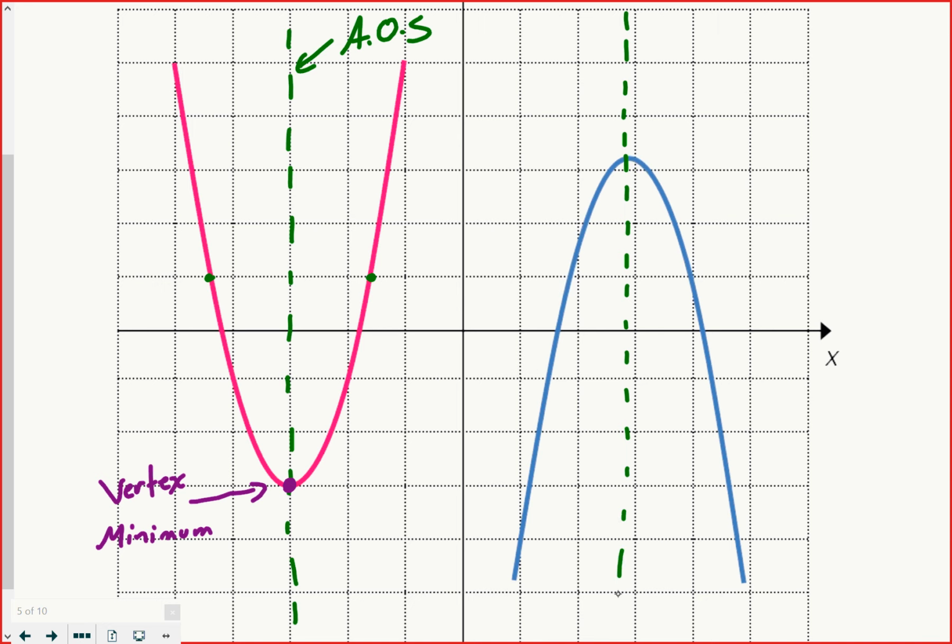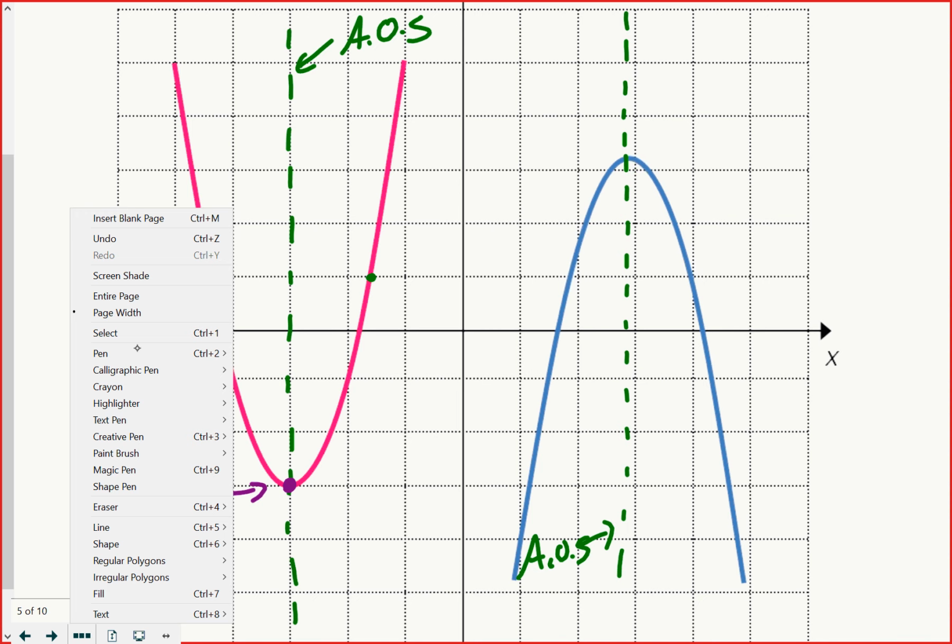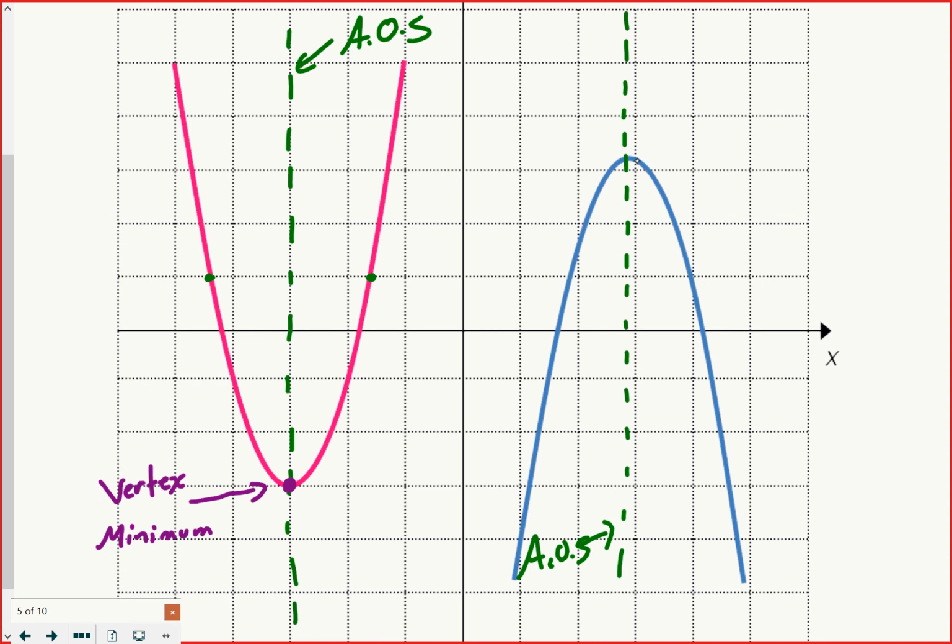Once again, it's going to be a dashed line, and I'm going to indicate that this is my axis of symmetry so I can let my reader know. Then from here I can easily identify my vertex. This is my vertex, and since it's the highest point of my graph because it's opening downward, this is going to be known as my maximum.